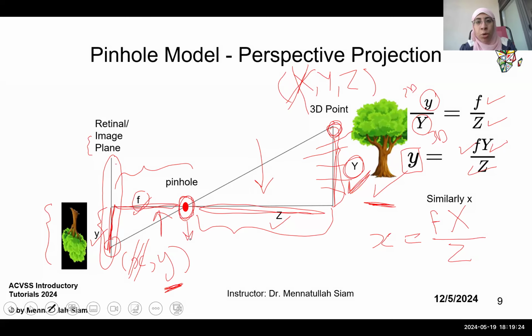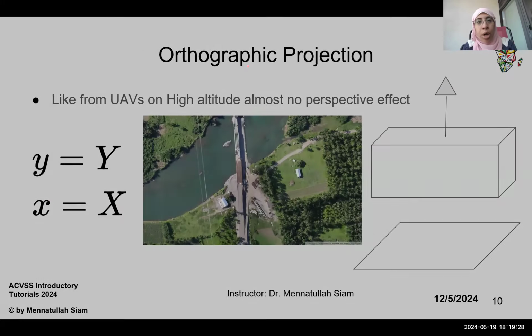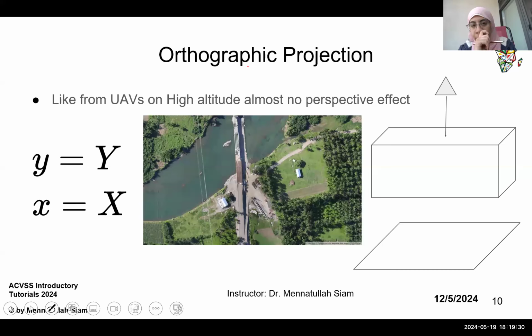Okay, so now that we have seen how to do this projection, this is called perspective projection. An orthographic projection you can put as an assumption. If you perceive anything from any camera, it depends on the type of the camera, but mostly it is perspective projection, except that you can have some assumptions.